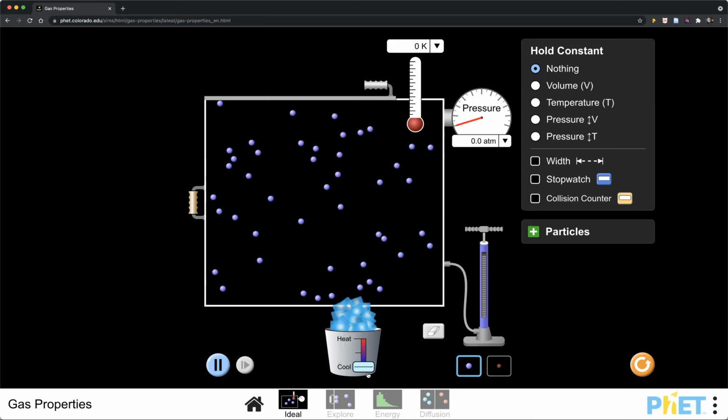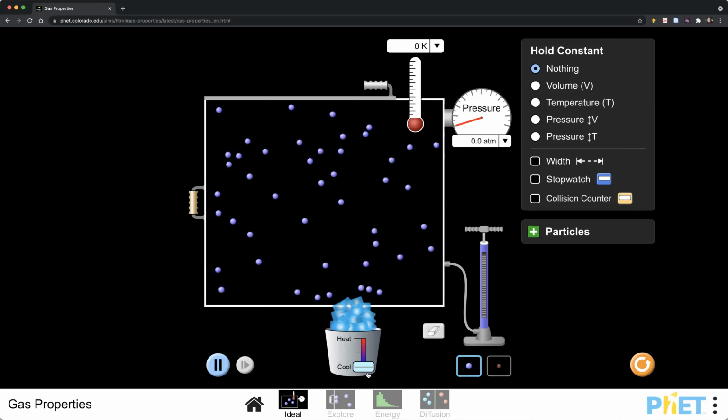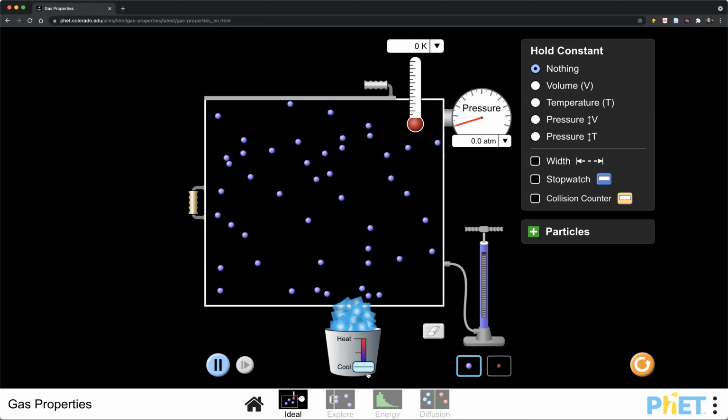And we cooled it down until it hit 0 Kelvin. And what have we noticed? The pressure decreased to 0 at this point.